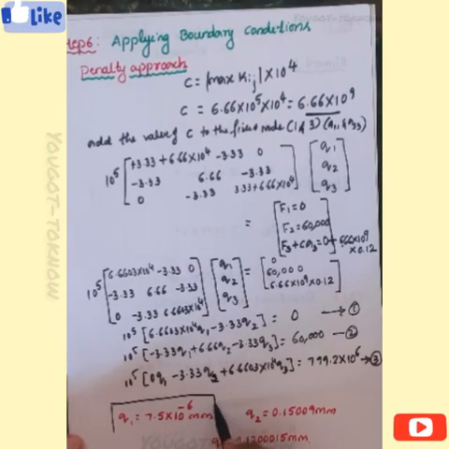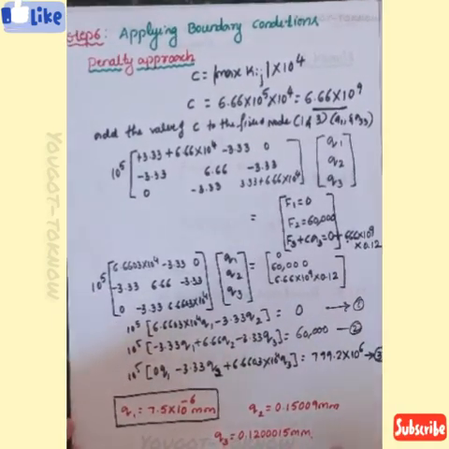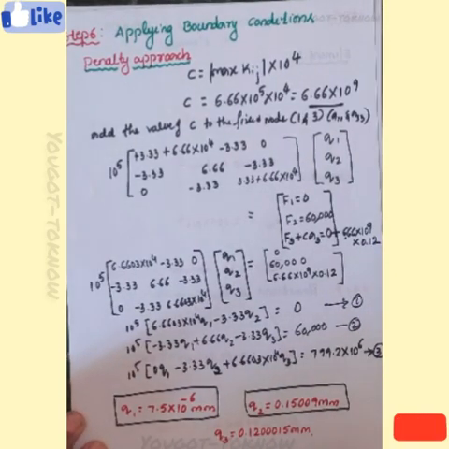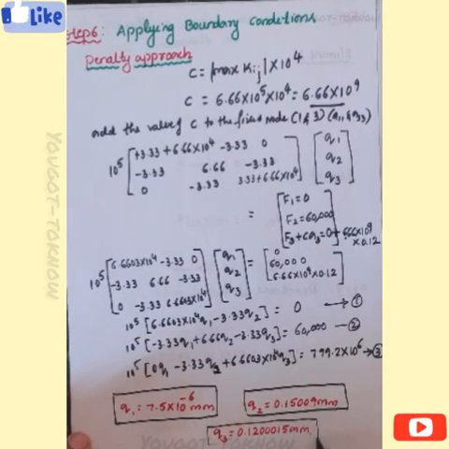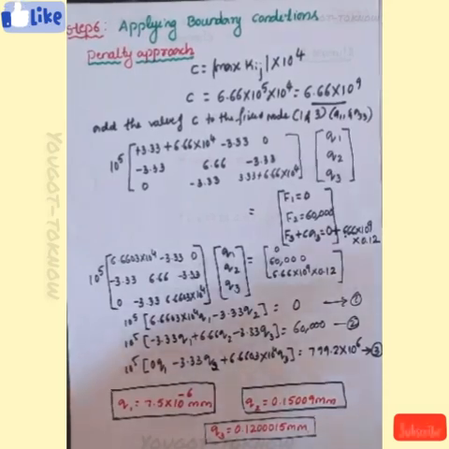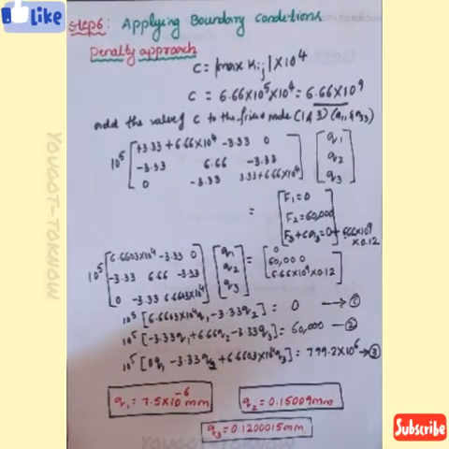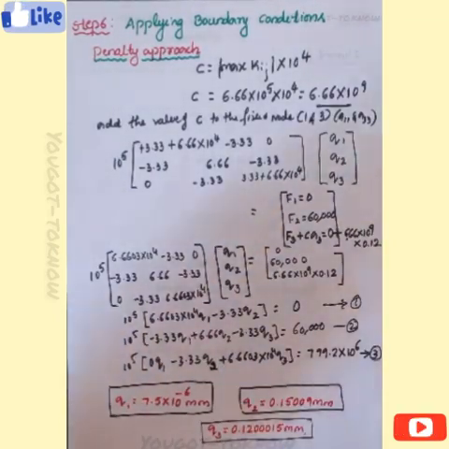You are going to get Q1 equal to 7.5 into 10 power minus 6, Q2 equal to 0.1015009 millimeter, and Q3 is around 0.1200015. That means almost the same value you took as A3. This is how to determine your displacement.